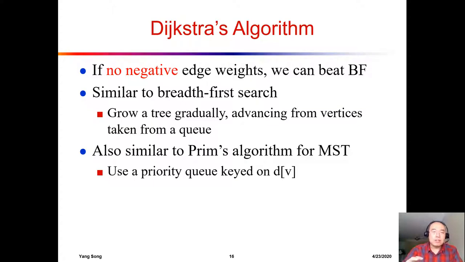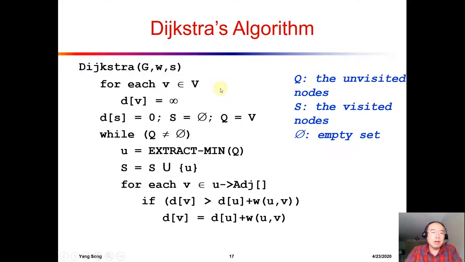So we start from the source, which is the only node we have, and then explore a little bit and explore even more and keep on exploring. It also brings some ideas from Prim's algorithm, because we are going to maintain a queue, and we are going to use a binary heap version of the priority queue again. We are going to see that when we discuss the time complexity.